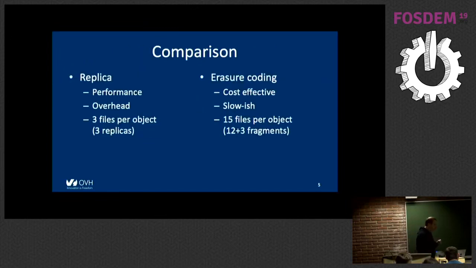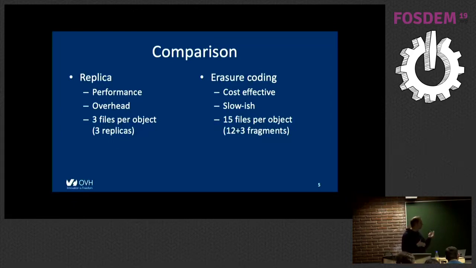So a quick comparison. With replica, you get performance because you need only one connection to access your data on the object server. If you have multiple replicas, you can open many connections to many servers, but you get the overhead. For example, if you have 3 replicas, you will store 12 bytes for one object of 4 bytes.